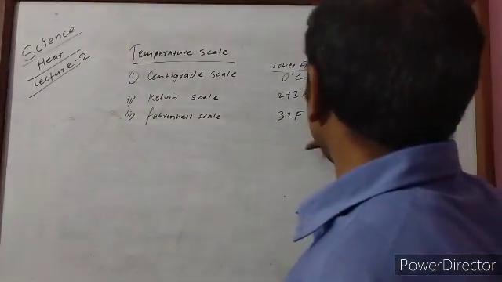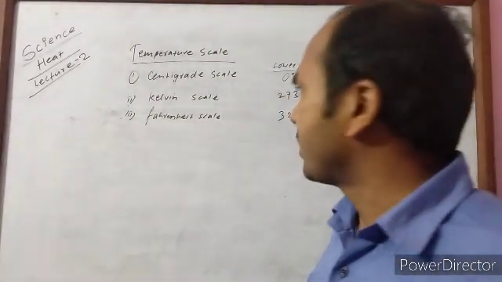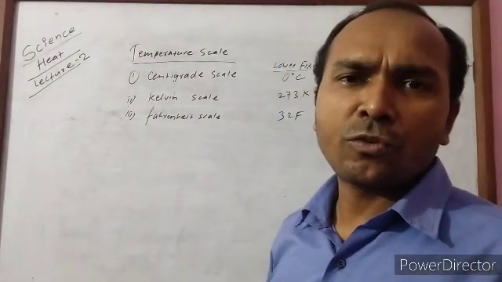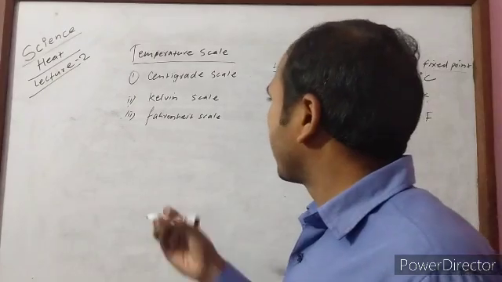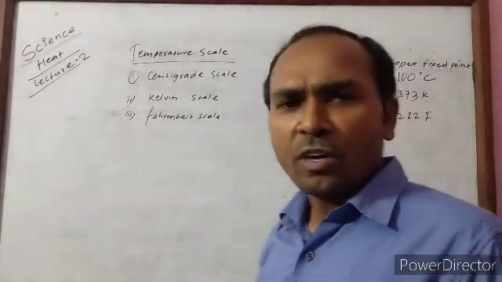With the help of these lower and upper fixed points, we can derive relations among the centigrade, Kelvin and Fahrenheit scales, which are used to convert the temperature of one scale into another.